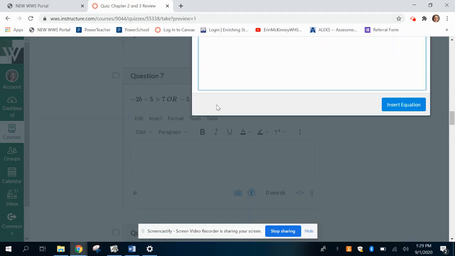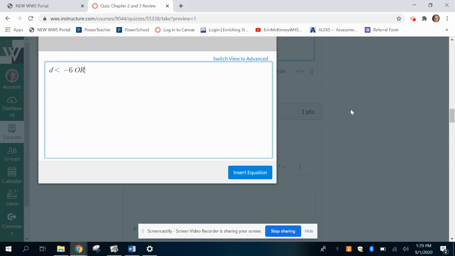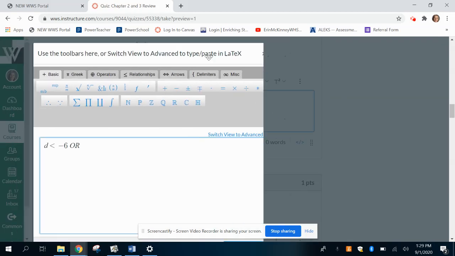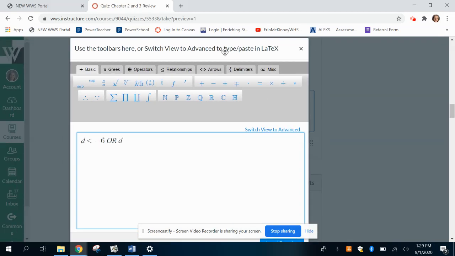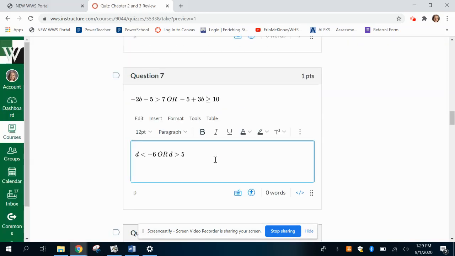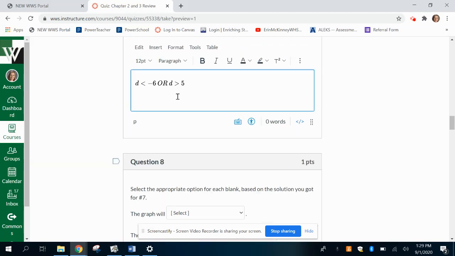And then we had X was, I don't remember what the other one was, but it's fine. D is greater than 5 or whatever it is, right? So you can still get that word or in there and then you'll hit insert equation, right? And it will go in. Oh, I think I was right. Plus 5.